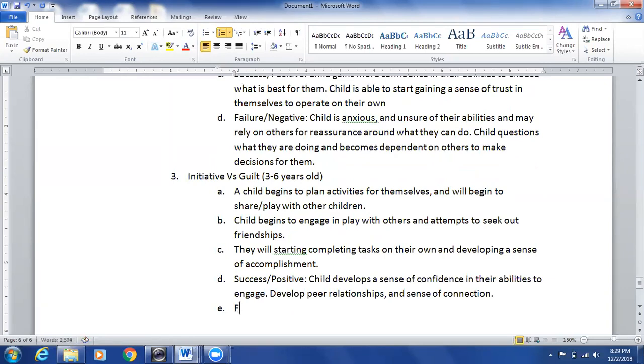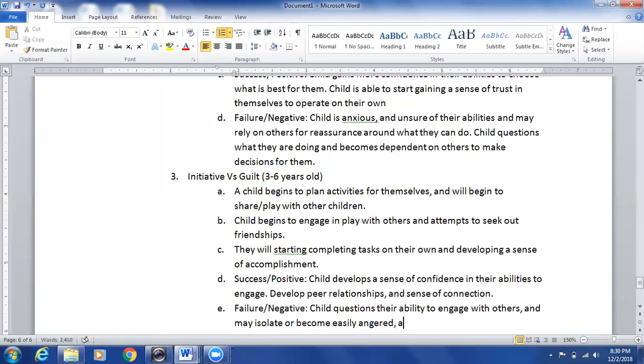And then failure or negative result in this would be the child questions their ability to engage with others and may isolate or become easily angered, anxious, or depressed.